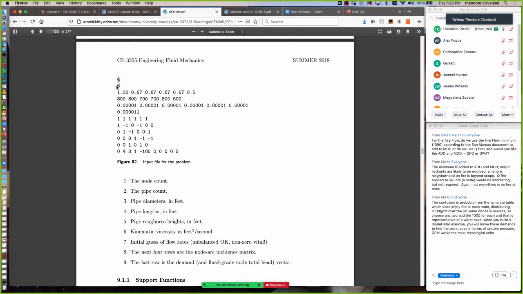Number of nodes, number of pipes, diameter of the pipes, the length of those pipes, the roughness height for each of those pipes, the viscosity of water, so this one's going to be using the Darcy-Weisbach equation and calculate Reynolds numbers, an initial guess for the flows. We don't necessarily have to make an initial guess for the heads, but we have to make an initial guess for the flows, and it can't be 0.